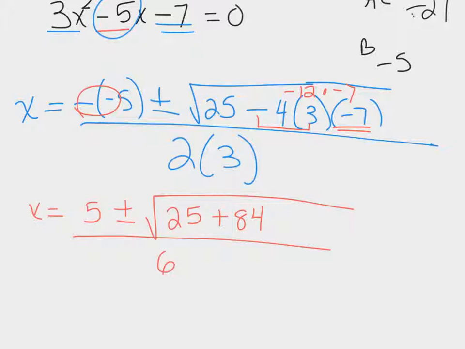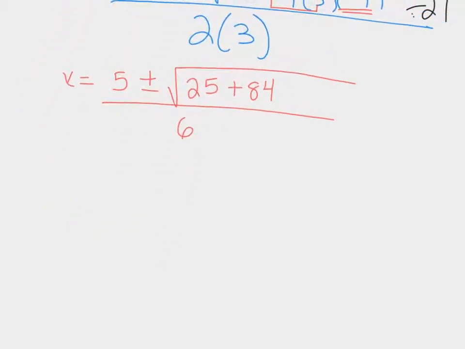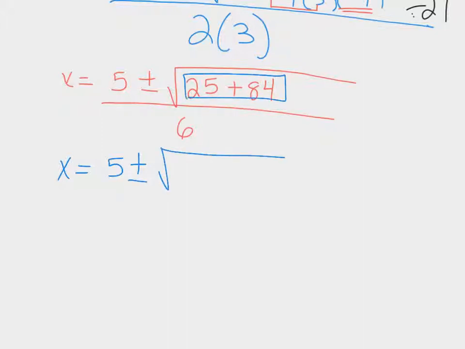Not done yet, because I still have to get a value for x, an actual single number. The next step down the line is x equals 5 added to and then subtracted from the square root of, well, 25 plus 84 is 109. And then I'm going to divide by 6.